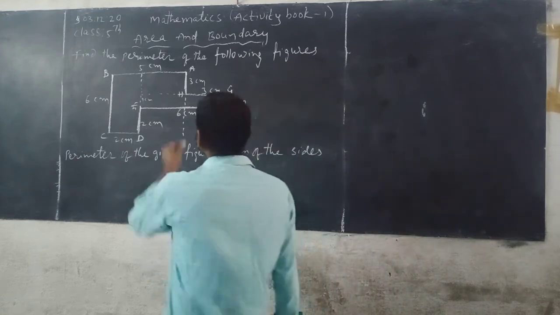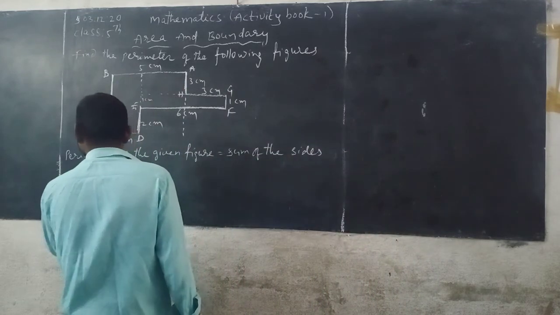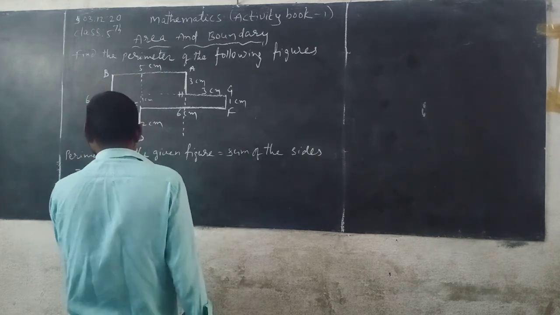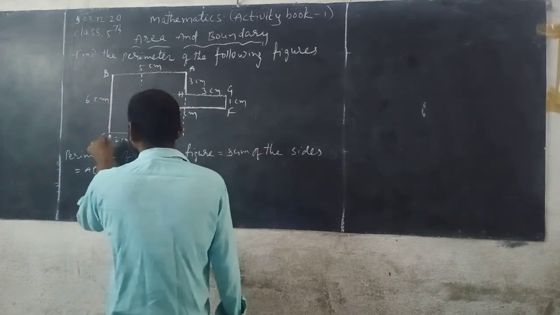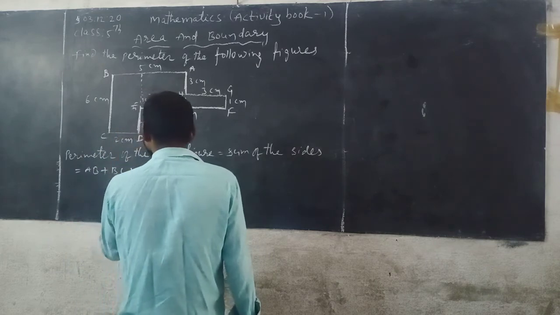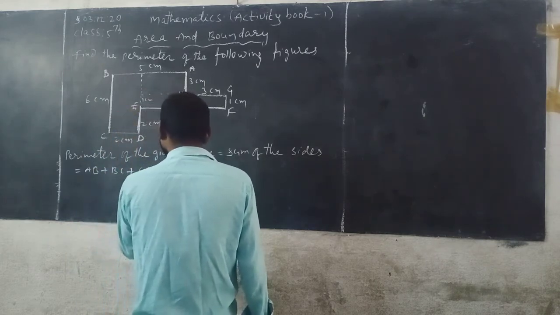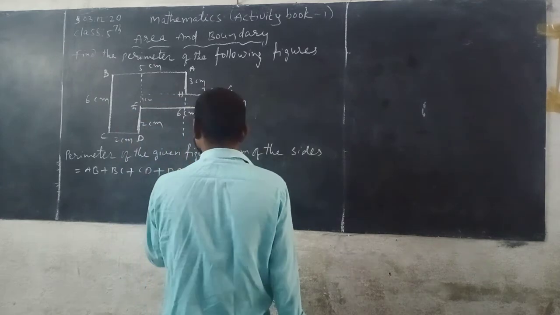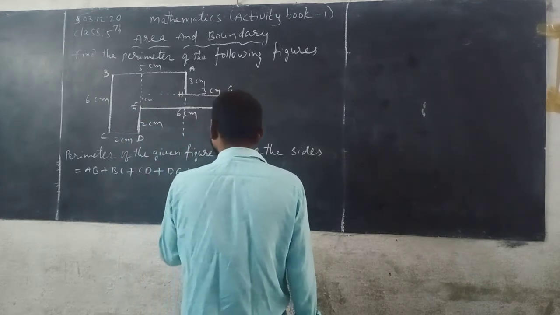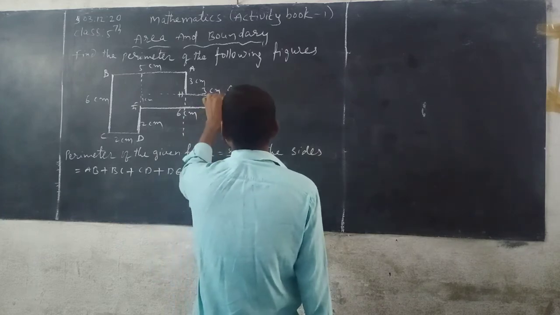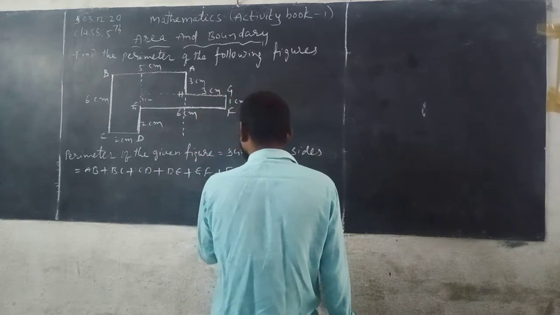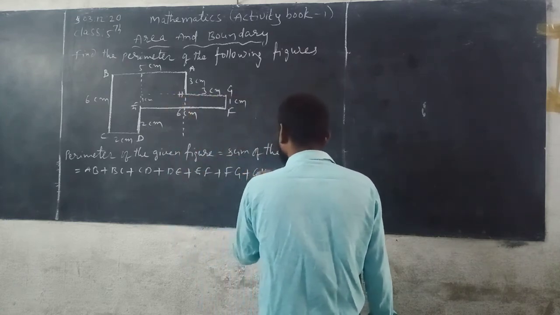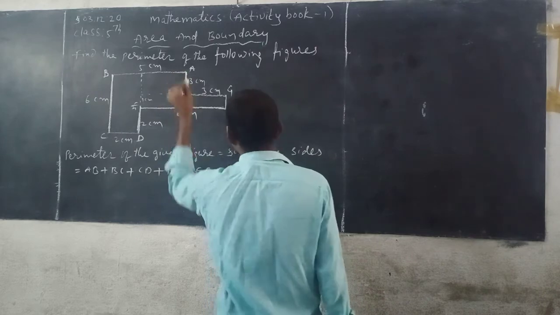See here, side AB plus BC plus CD plus DE plus EF plus FG plus GH plus HA.